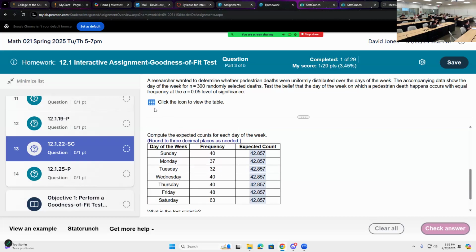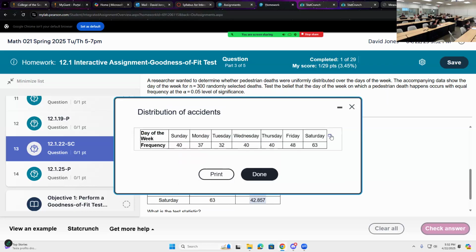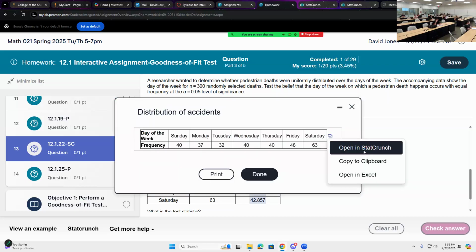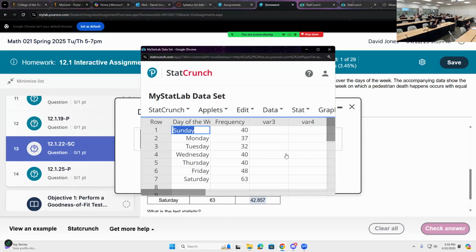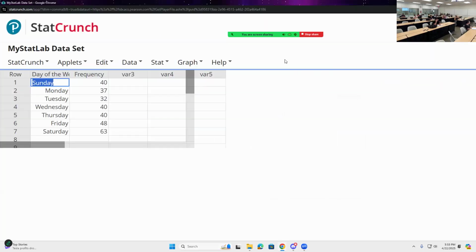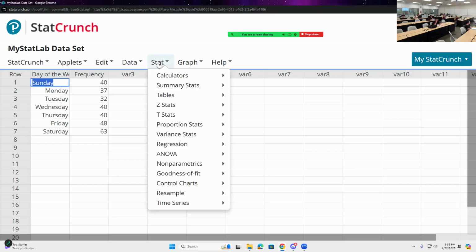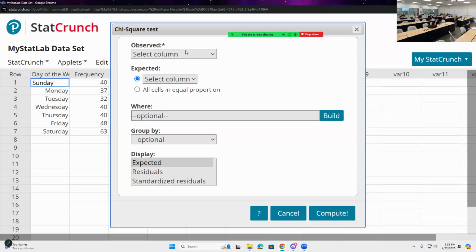So what we're gonna do is we're gonna load the table in StatCrunch. And we don't need to type a column for the expected value since the proportions are equal. When we do this one here, we can do stats, goodness of fit, chi-square.